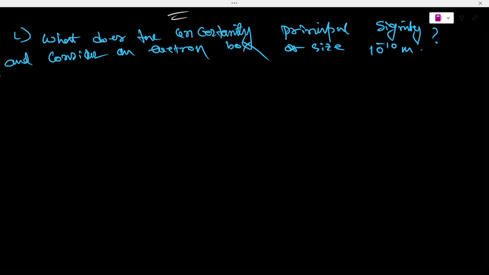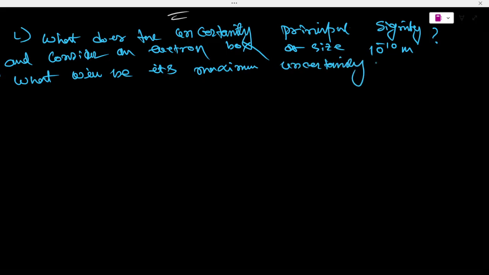What will be its maximum uncertainty in momentum? What will be its maximum uncertainty in momentum? So first it says, what is the uncertainty principle?